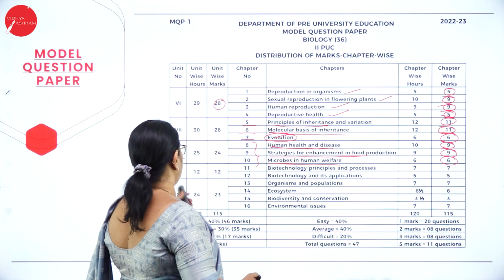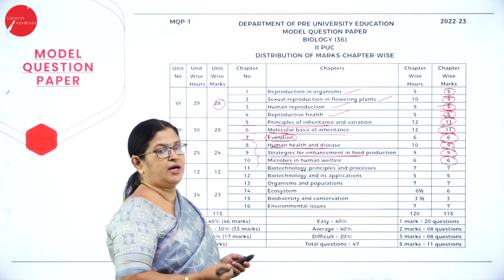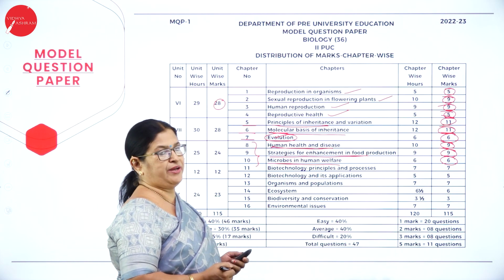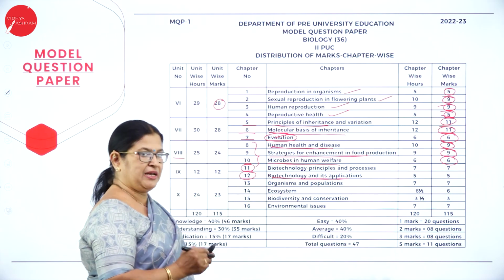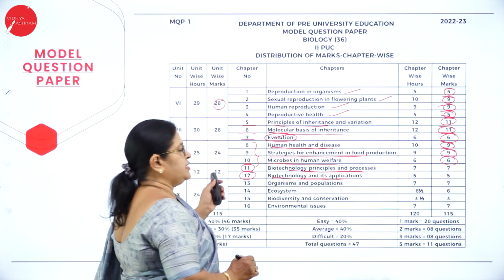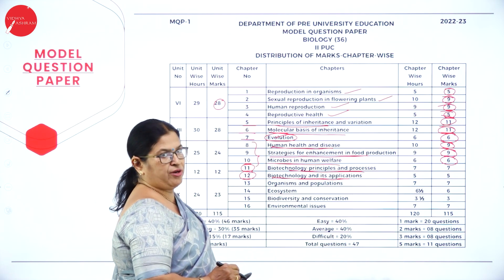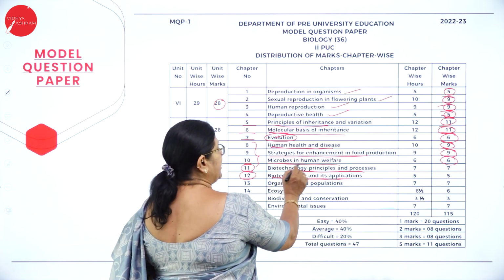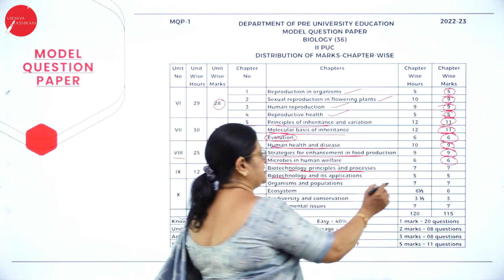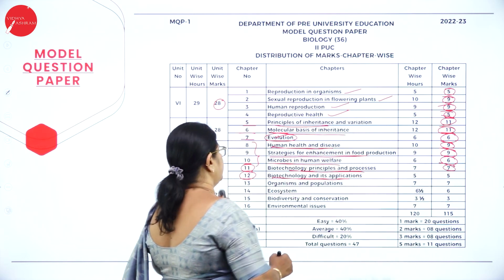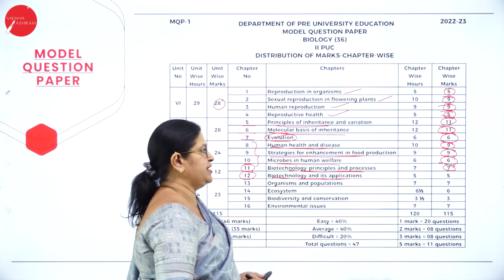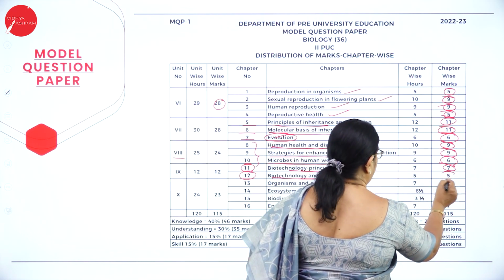Moving on to unit 9, that is a very important unit called biotechnology, which includes 2 very important chapters. Chapter 11 called Biotechnology: Principles and Processes, Chapter 12 called Biotechnology and its Application. Biotechnology: Principles and Processes has a weightage of 7 marks, whereas Chapter 12, Biotechnology and its Application, has a weightage of 5 marks.